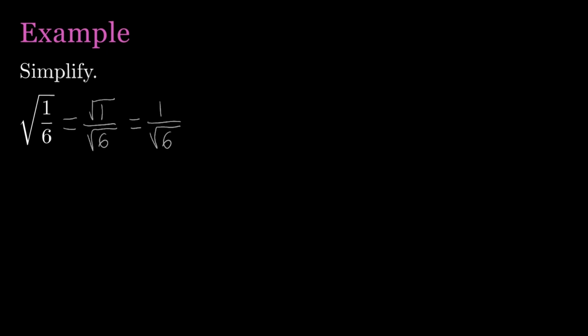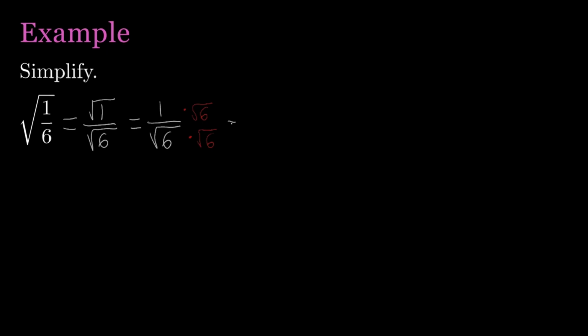And the square of anything is the thing multiplied by itself. So if we have one square root of 6 there already, it's just a matter of multiplying by another square root of 6. So we multiply both the denominator and numerator of our fraction by the square root of 6.